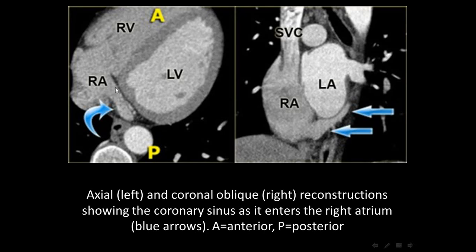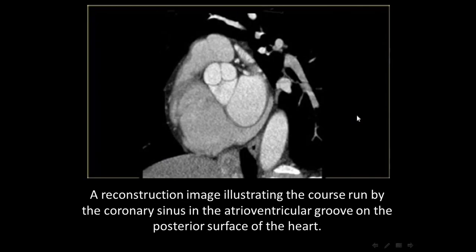So this is the entrance of it. This is it on the coronal view. This is a reconstruction illustrating the course run by the coronary sinus here in the atrioventricular groove on the posterior surface of the heart, coming to the right atrium.